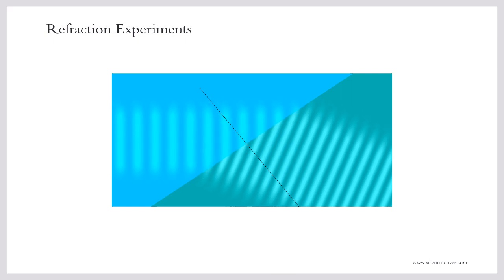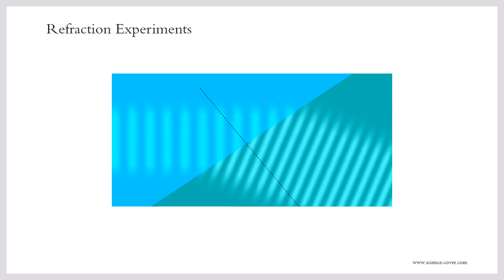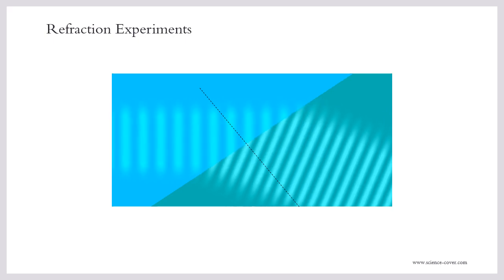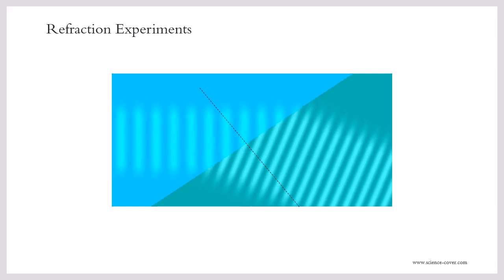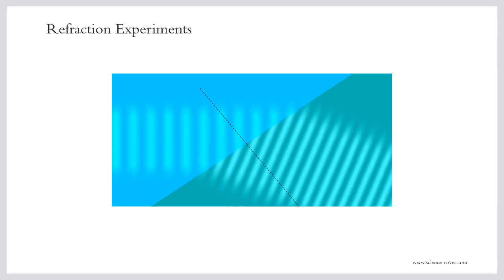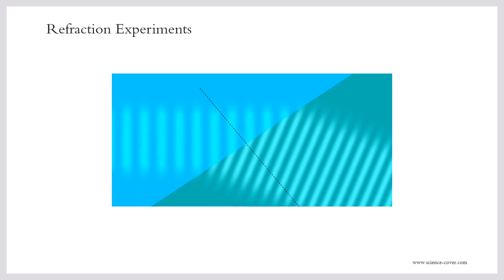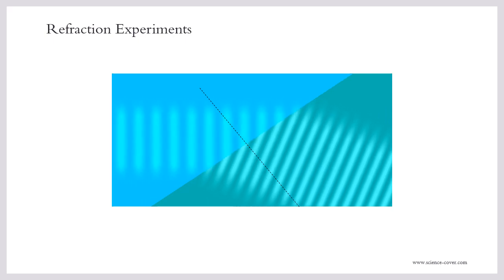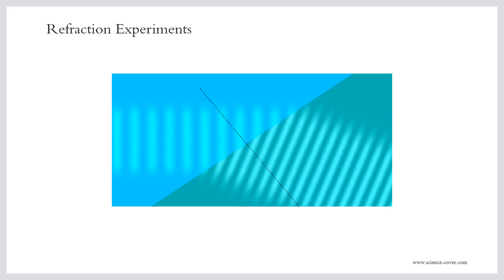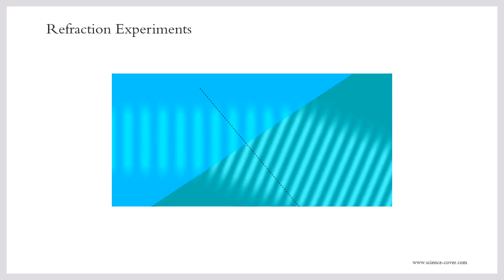This animation shows a close-up of what is happening to the wave at a boundary. We can see our ray coming from the left-hand side and striking the glass block. As it does so, the wave slows down and the wavelengths bunch closer together.